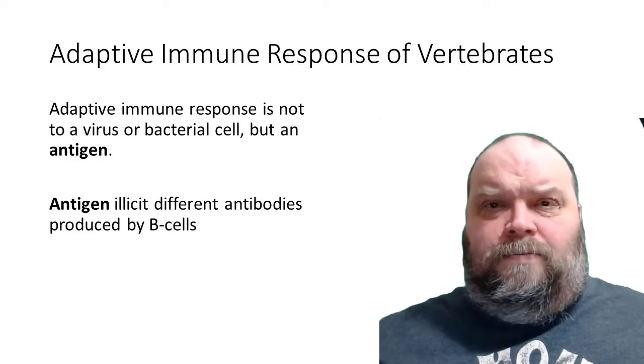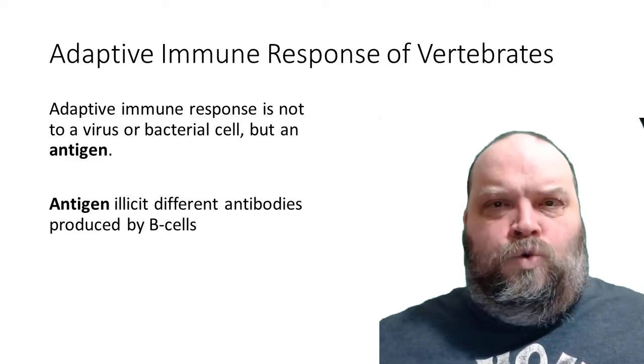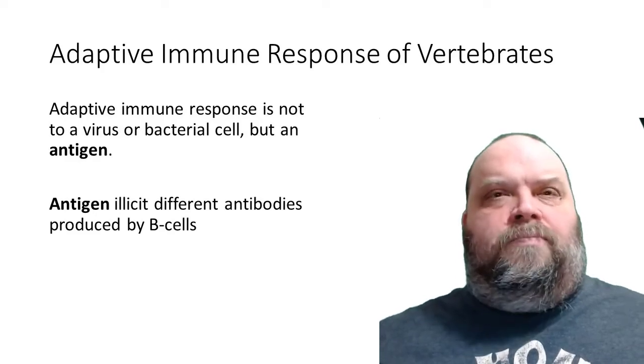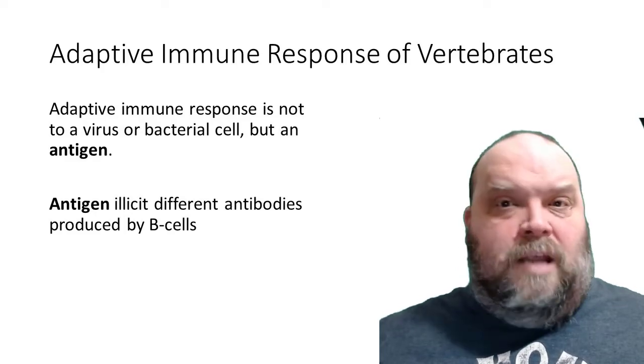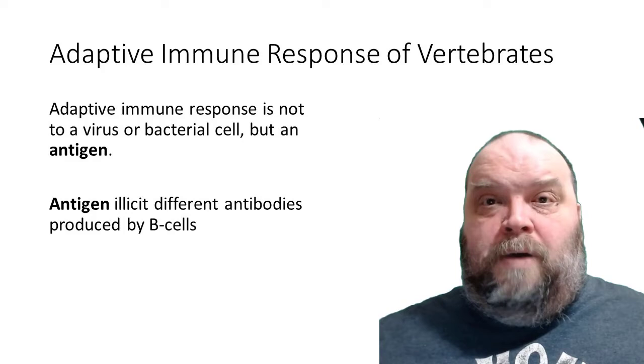The adaptive immune response, the B cells and T cells, is a fine-tuned system that responds not to the bacteria, not to the virus, not to the parasitic worm.